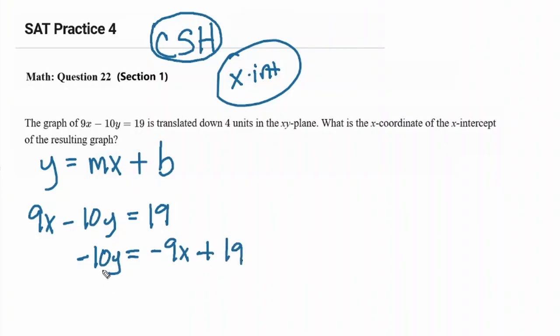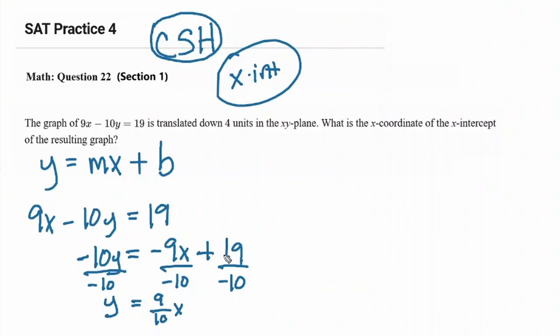I'm almost there. In y equals mx plus b, y has to be naked and alone. We don't have y naked and alone. So we've got to divide by negative 10, which means we have to divide every term by negative 10. And when we do that, we're going to get y, note that it's positive, equals negative 9 divided by negative 10 is 9/10 x.